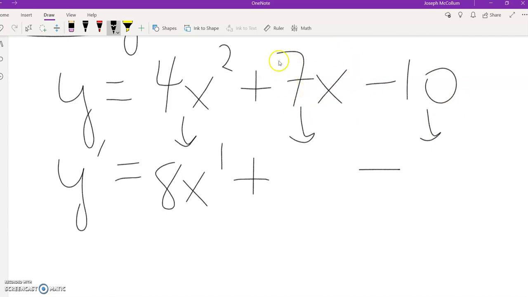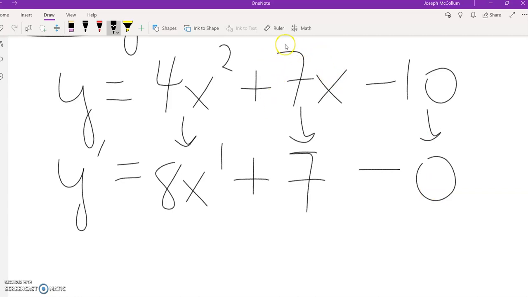And that's why the derivative of 7x will always be the constant in front, in this case 7. And that's also why the derivative of a constant will be 0. Because if you look at the graph of a constant, just look at the graph of negative 10, that is a horizontal line. The slope of a horizontal line is 0. Hence, once again, the derivative is the slope, and that's why we get 0.